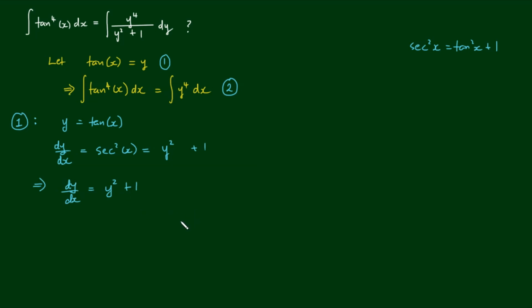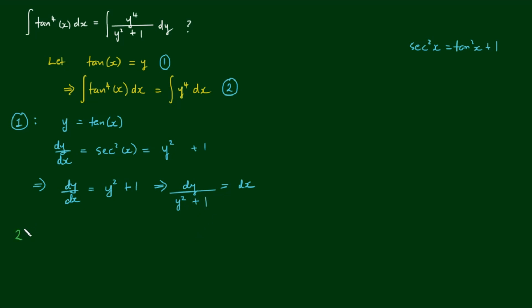And now let's shift things around a bit and get all the y's on one side and all the x's on the other side. So I'll move the differential dx upstairs, so we have dy equals dx, and I'll move the y squared plus 1 downstairs. So on the left hand side we have dy on y squared plus 1.